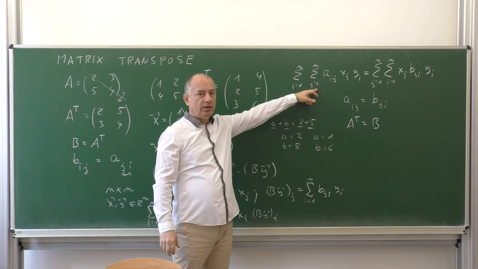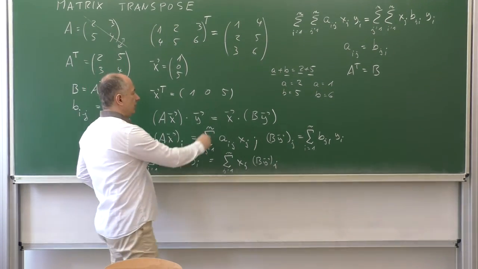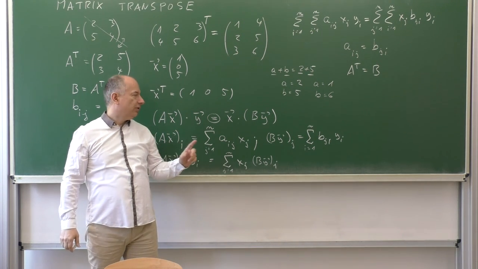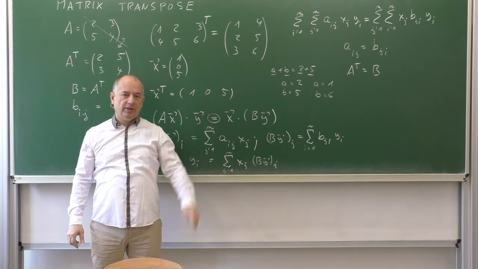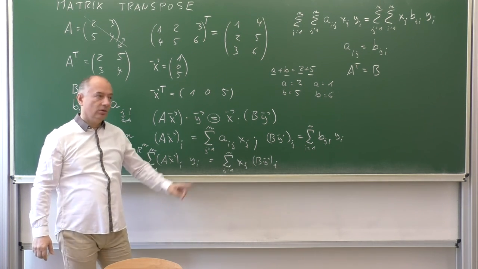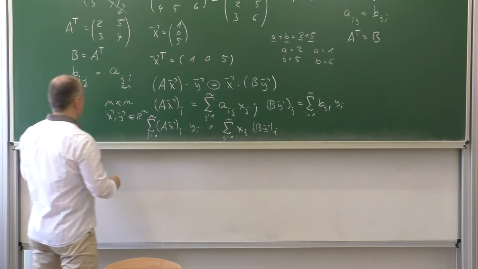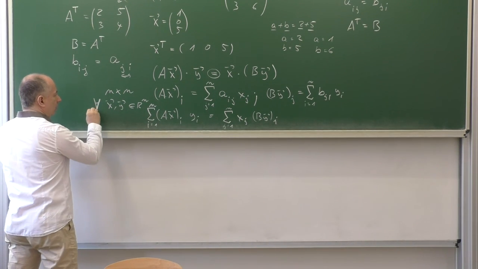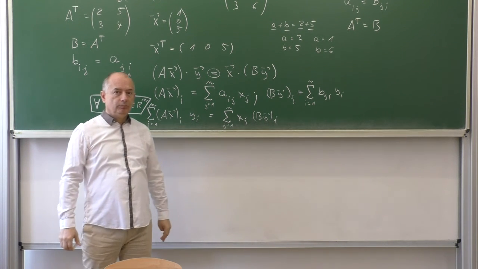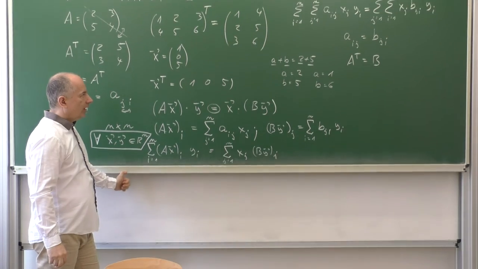But in this case, it is true, because we want this to be equal not just for some special vector x and special vector y. We want this to be true for all x and all y. So we want this to be true for all x and y from Rn. And now it is okay.